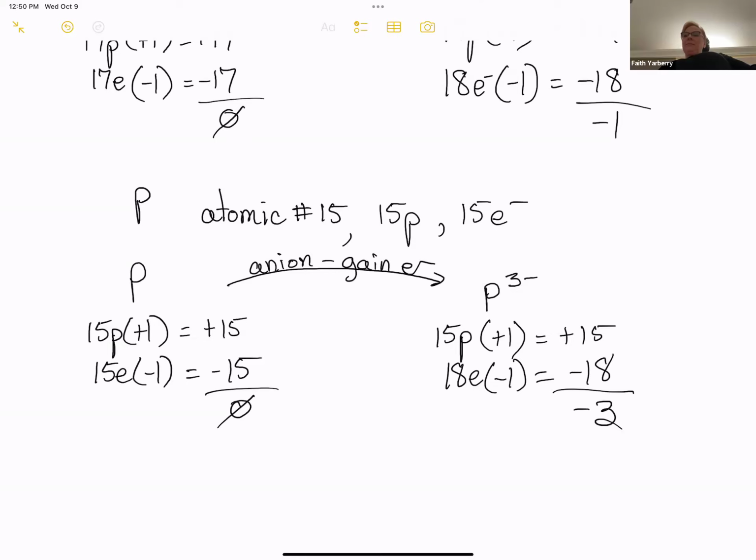I have another question. Does carbon not have a charge? Carbon does not have a charge. Now, when it combines with oxygen to make a polyatomic ion, it does. But carbon by itself does not have a charge because it requires too much energy. That's something else I don't get to in this class.